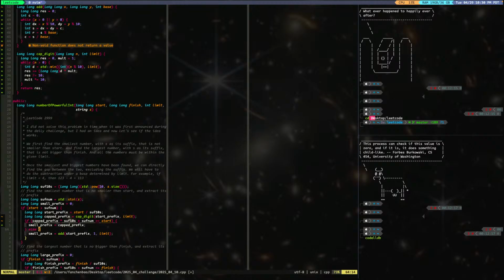No, I want the capped prefix times this plus of number, this whole thing, to be bigger than the start. But now this whole thing is smaller than the start, right? It's smaller than the start. So I will get this whole thing, right? Basically, we have this whole thing at the start.